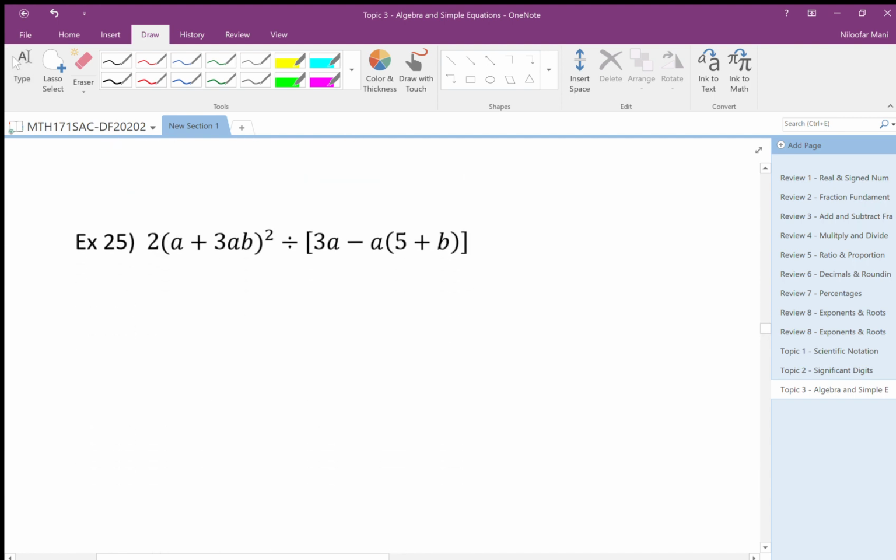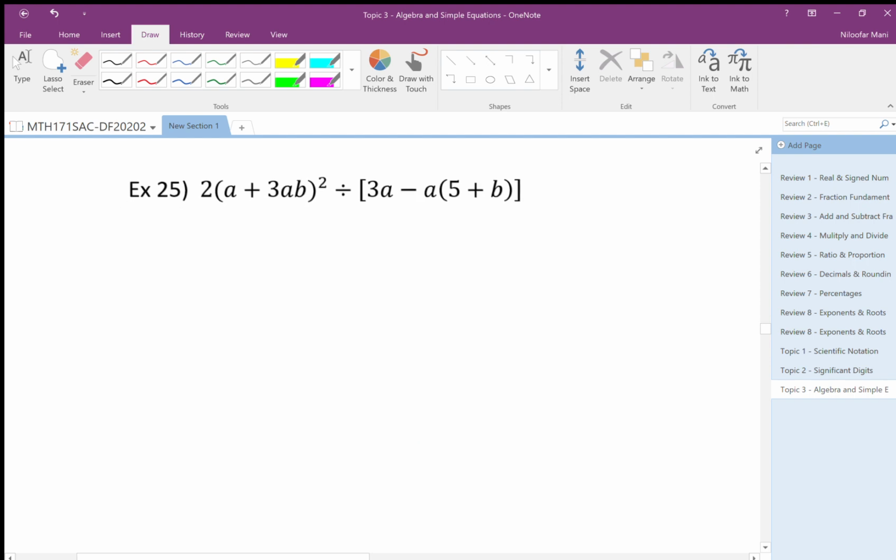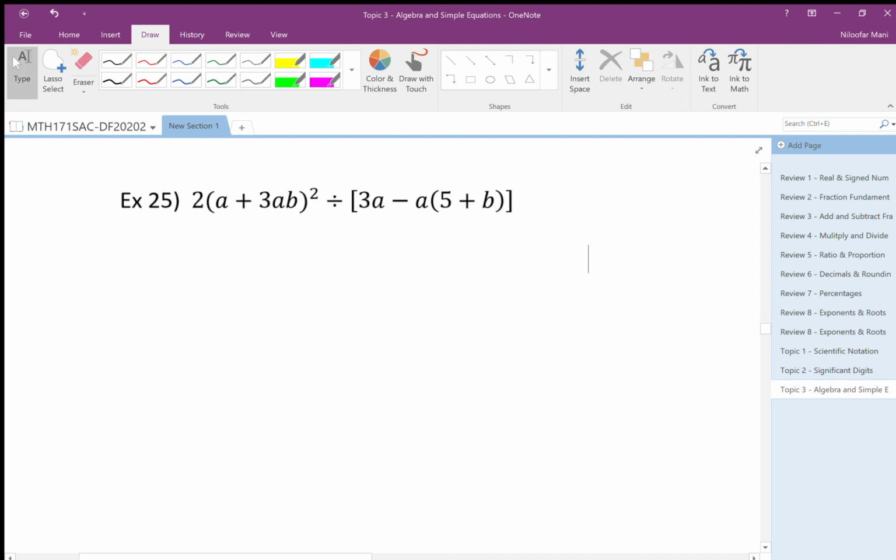Okay, so the last but not least question is this one. It has division, so doesn't matter, more calculation, it's okay. I simplify top, I simplify bottom, and then I see if I can cancel, if I can factor anything and I can cancel, I do it.